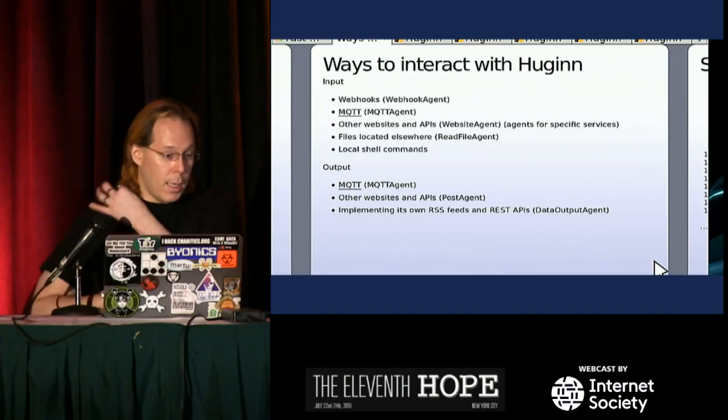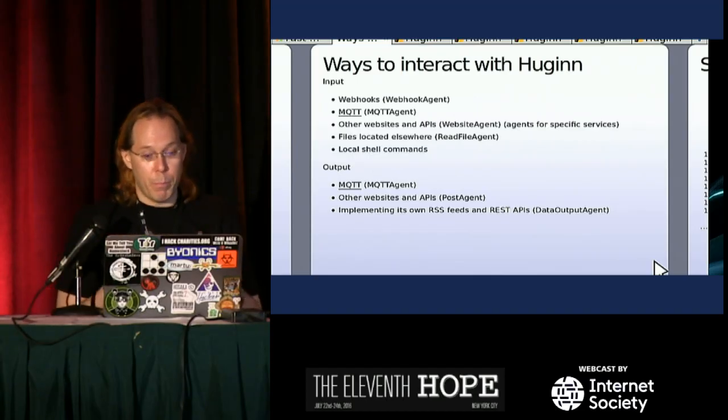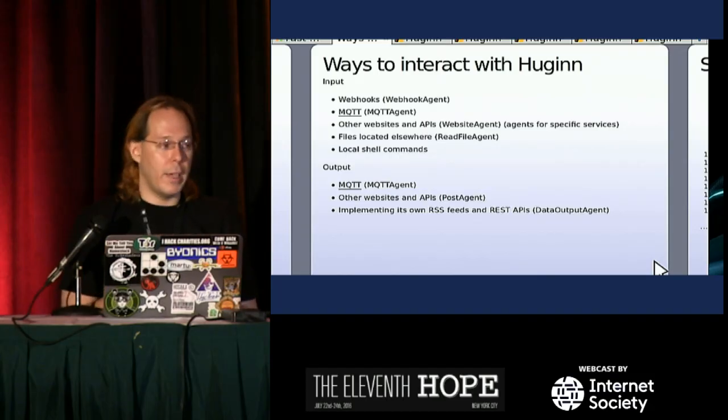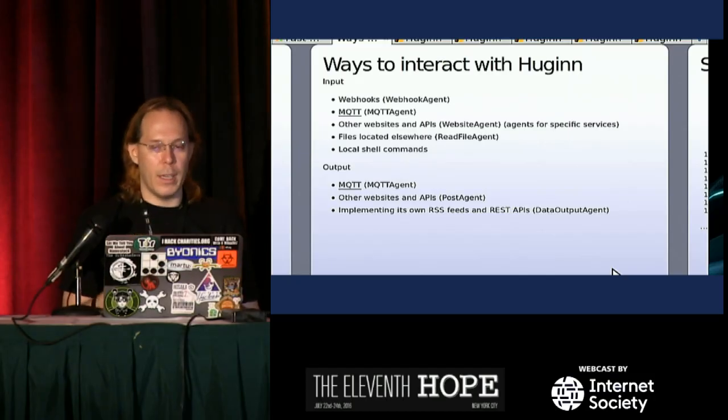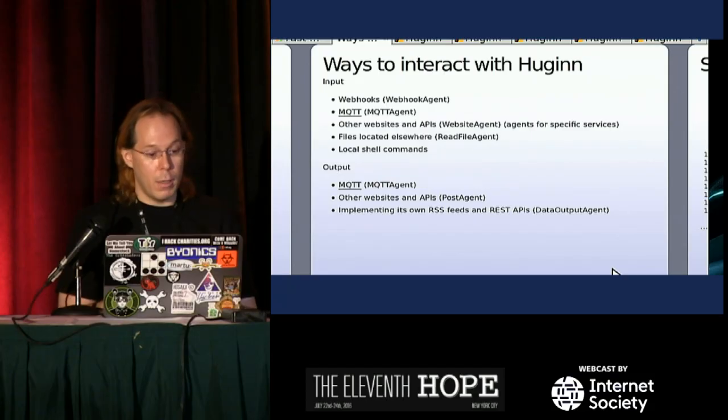There are different ways to interact with Huginn. Out of all of the agents, there are basically three classes of agent: input, processing, and output. To interact with Huginn, there are a fair amount of input agents. There's a webhook agent, which basically you give it the URL of a webhook, you give it an API key, it pulls events out, packages those events, and sends them on.